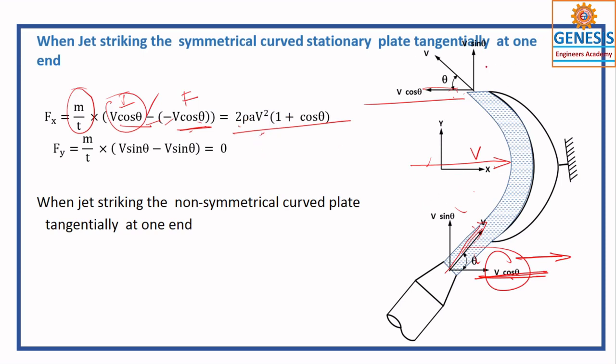Okay, so in the upward direction, this is also v sin theta, this is also v sin theta, both are in the same direction, so they get cancelled, and the vertical force acting on the plate is unable to move this plate even if we release this. So what is the impact of Fy?